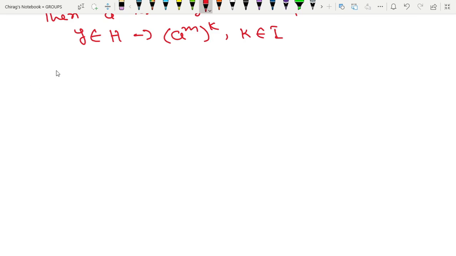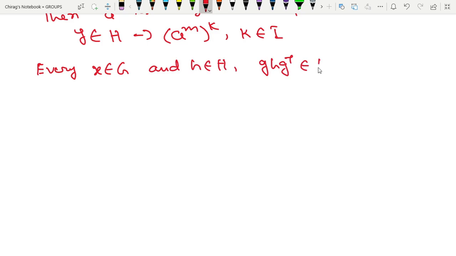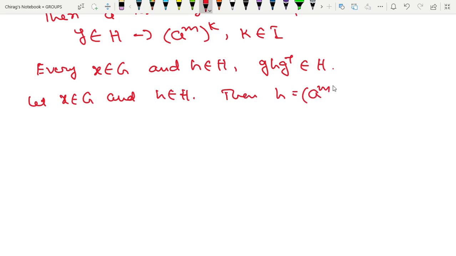We need to prove that for every x belonging to G and h belonging to capital H, x h x inverse belongs to H. Now let x belong to G and h belong to capital H. Then h will be equal to (a^m)^k, for some k belonging to the integers.